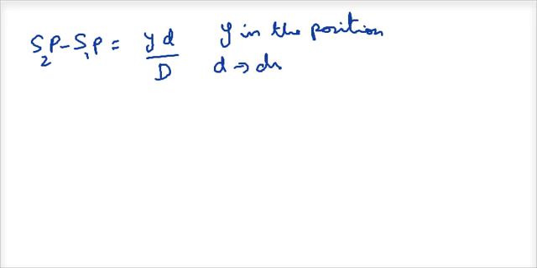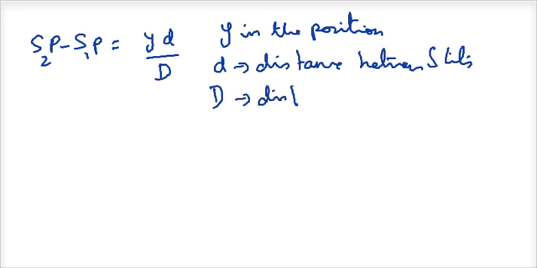Small d is the distance between slits, and capital D is the distance between slits and screen.